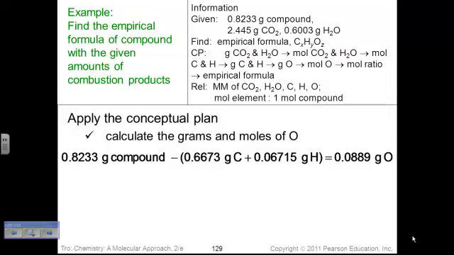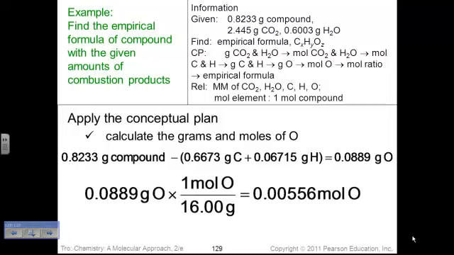So the 3 parts added together give us the whole. 0.8233 total mass provided as a part of the original story problem minus the sum of the 2 elements we'd already determined leaves us a net of 0.0089 grams. Subscripts are mole numbers, so therefore we divide by the atomic weight of oxygen and find its mole.